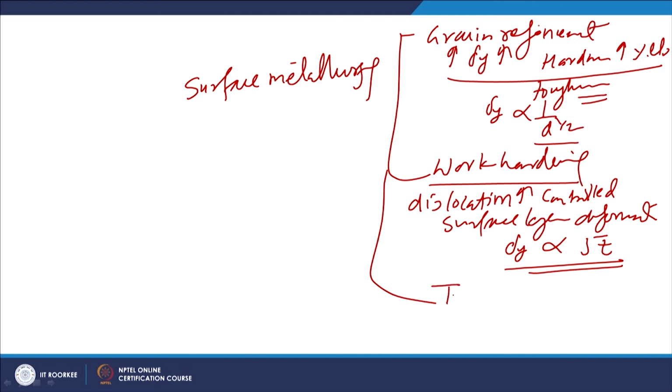And the third mechanism is transformation hardening, which is basically applicable for the thermal methods, where controlled application of heat to the surface layers helps in achieving the required microstructure at the surface in order to achieve improvement in mechanical properties and wear behavior.